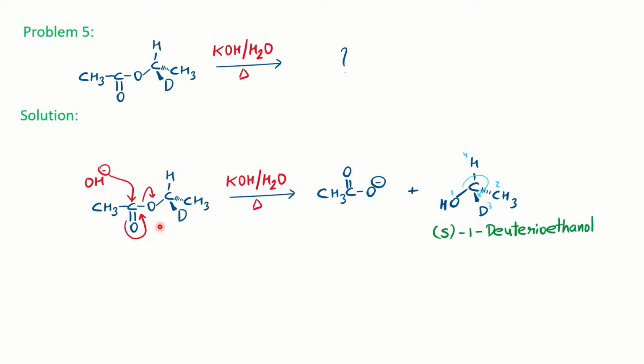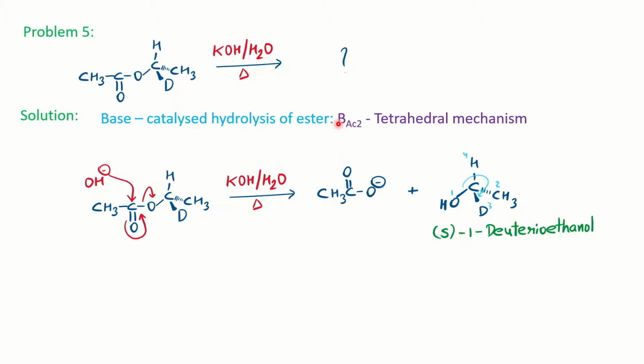In case of carbocation formation, rearranged product will be there, and in case of SN2 you will get the inverted configuration, right? So this is a proof of tetrahedral mechanism. So this is base catalyzed acyl cleavage, right? This is acyl cleavage, bimolecular because the concentration of base as well as substrate affect the rate of reaction, tetrahedral mechanism.